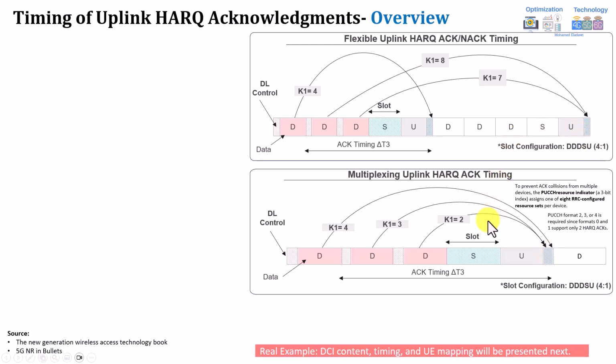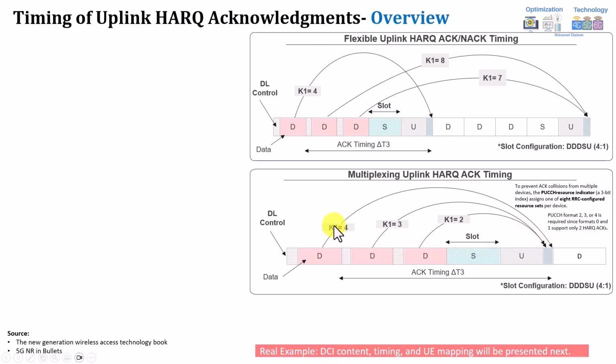For example, not to let all of them use the same PUCCH frequencies. This is done from the scheduling point of view through the PUCCH resource indicator for each of those users, or for each feedback being sent. It will assign one of 8 RRC configurations to tell them, please send it here or there, and so on, because at the end, all of them will be sending at the exact same time. So we need to avoid this kind of resource conflict.